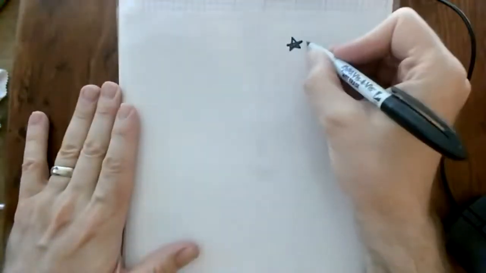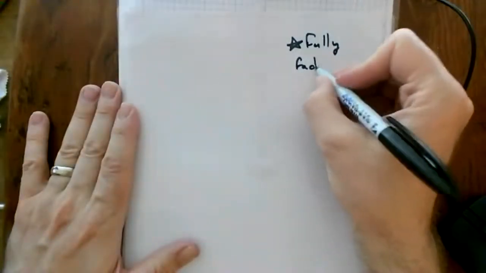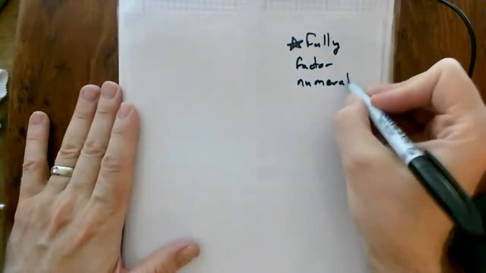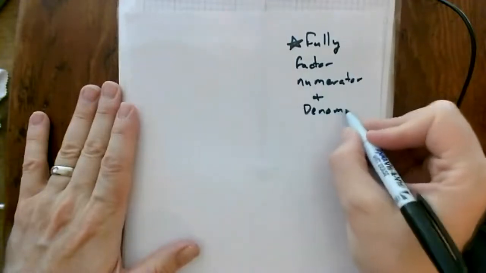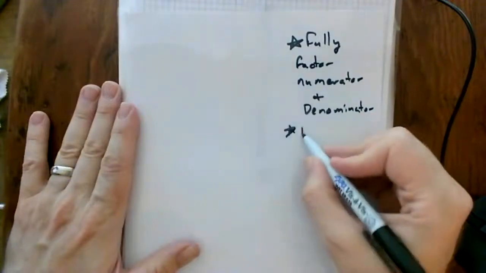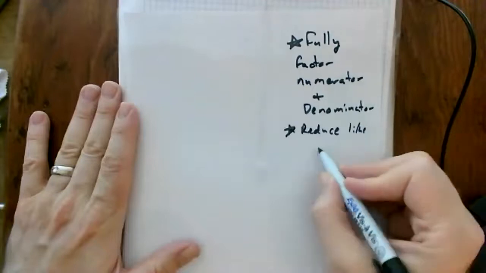So here's more what your overall process is going to look like. You're going to fully factor the numerator and denominator, and then you're going to reduce your like factors.